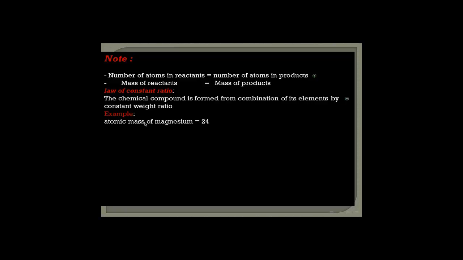Example: the atomic mass of magnesium equals 24 grams, and the atomic mass of oxygen equals 16 grams. So, when magnesium reacts with oxygen, it will give magnesium oxide.